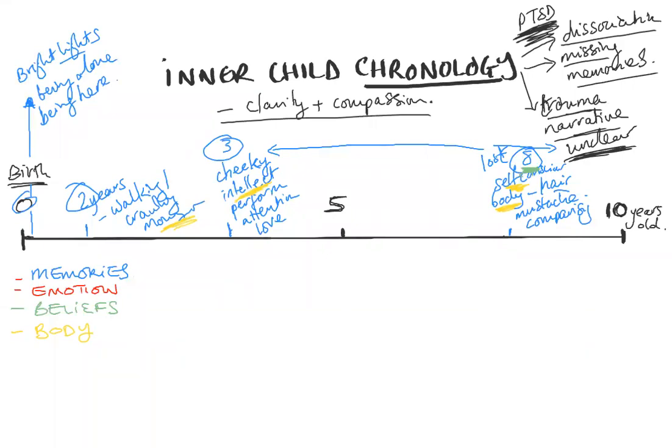And when you have suffered from dissociation, or maybe you already do have that as a protection mechanism, it will really help you to do this chronology and start to reflect on which memories encompass your body.